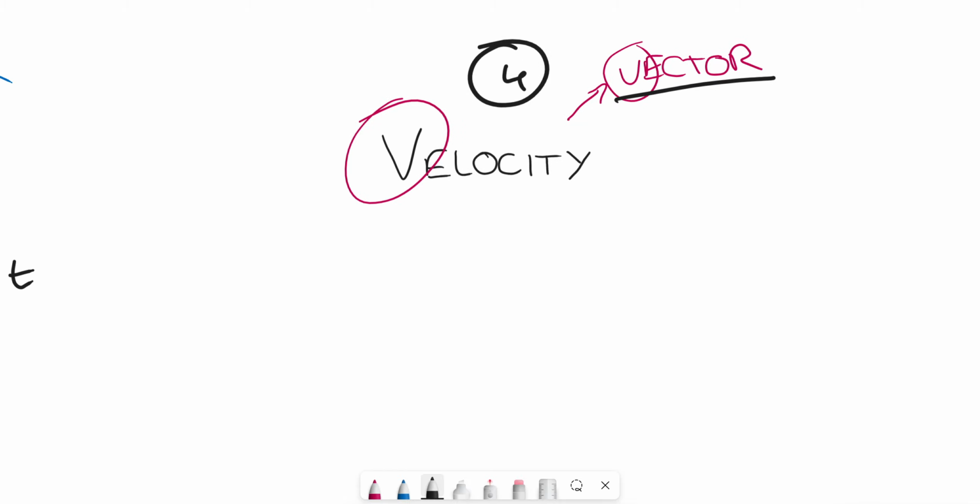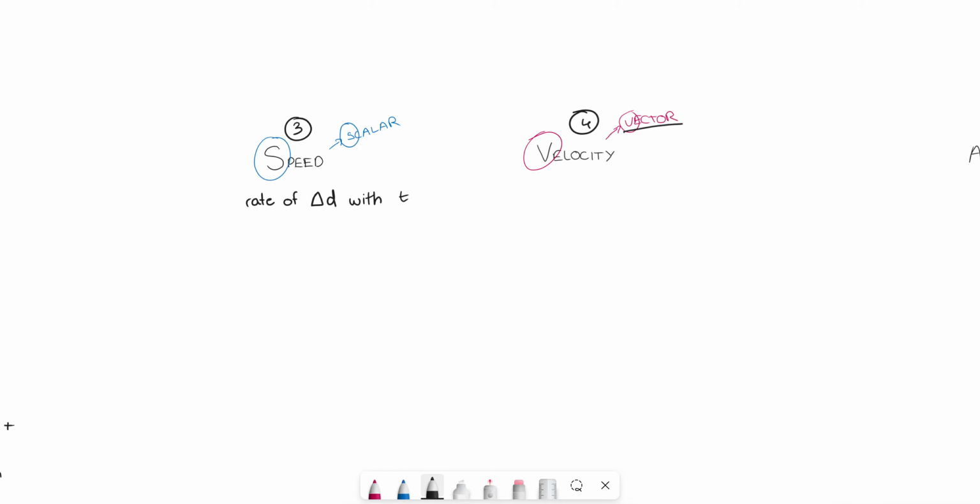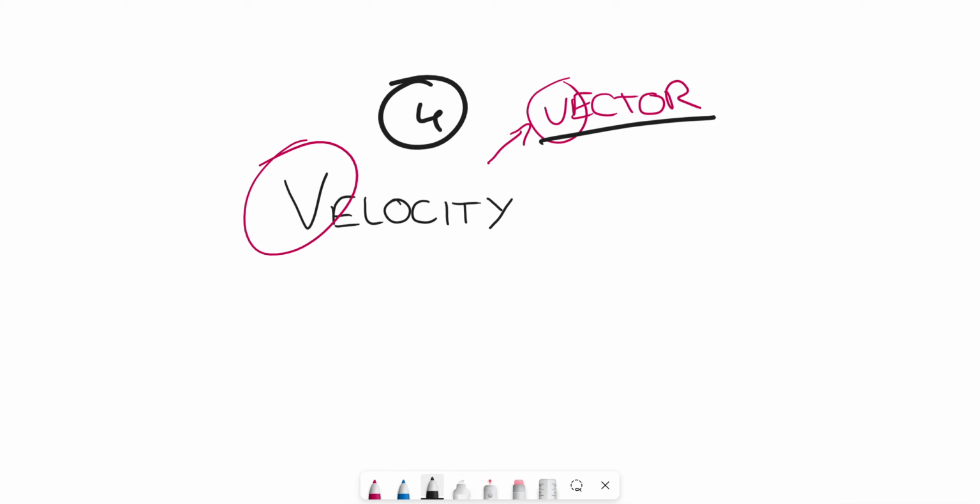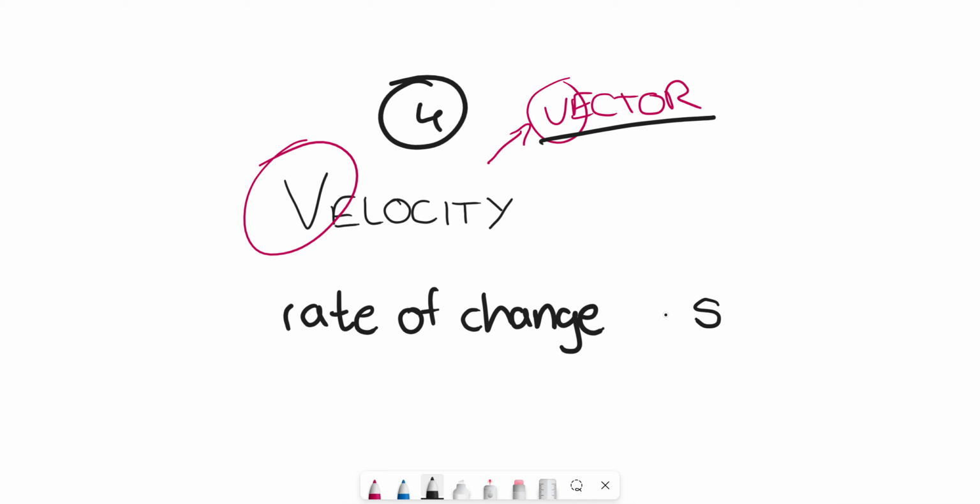And the vector quantity that we just looked at was displacement. So velocity is the rate of change of displacement. I won't write out displacement in full, but displacement has the symbol S. It's a bit weird because it doesn't start with S, but it just does.